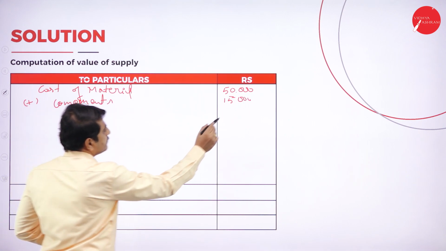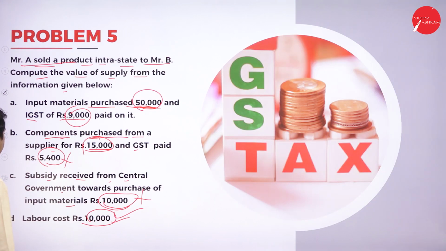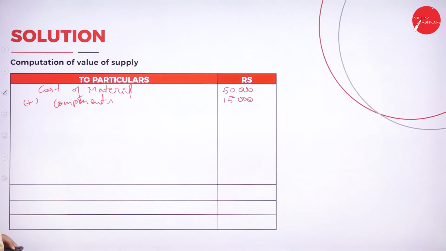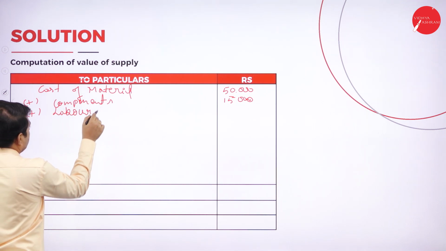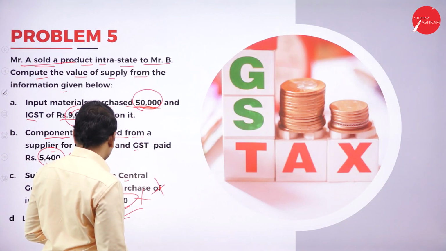Next one, subsidy received, we should not take this. Labor cost, we can add labor cost. How much? Labor cost 10,000.